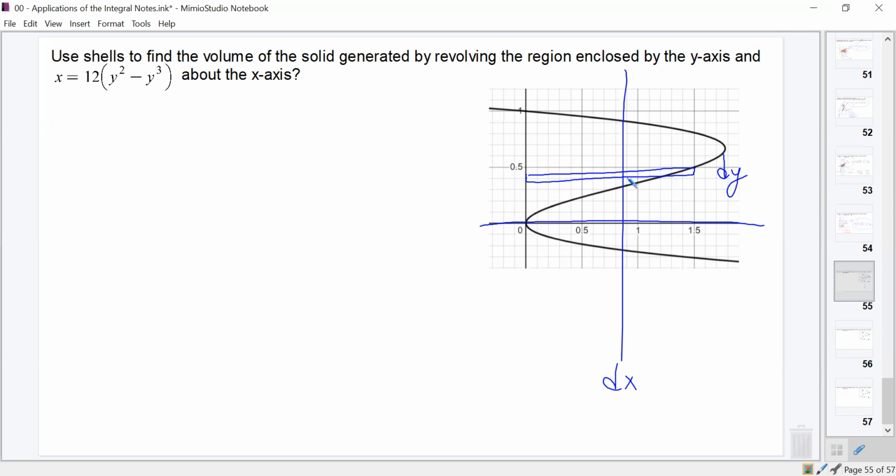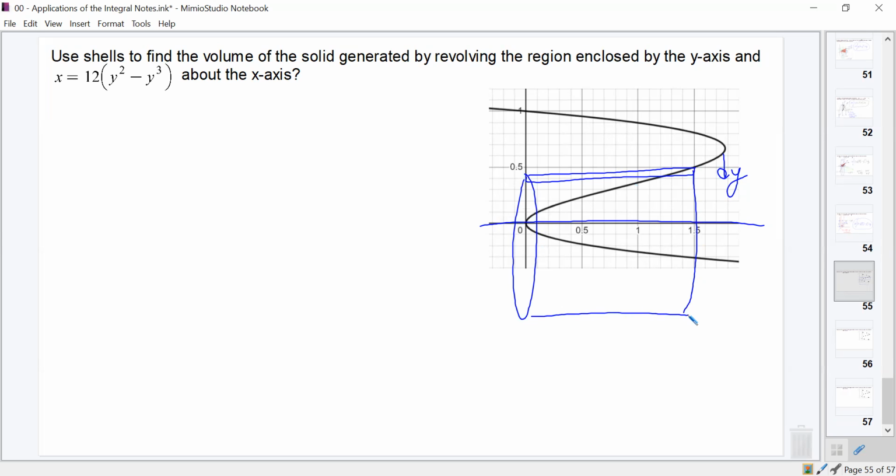So we have to split this up into a piecewise function. It'd be a huge mess solving that cubic in terms of x. But doing it using shells is going to allow us to do it in terms of y, which means we're not going to have to change that function around at all.